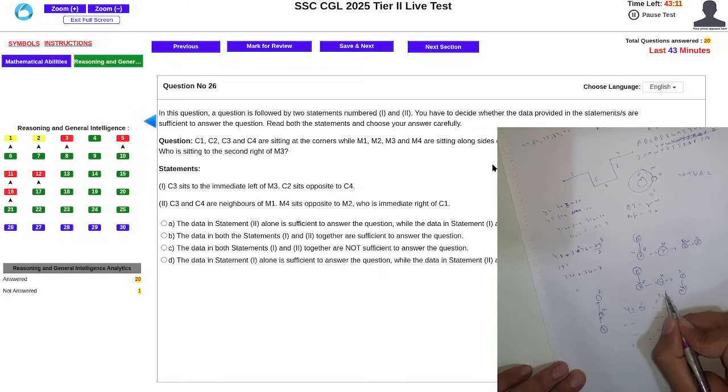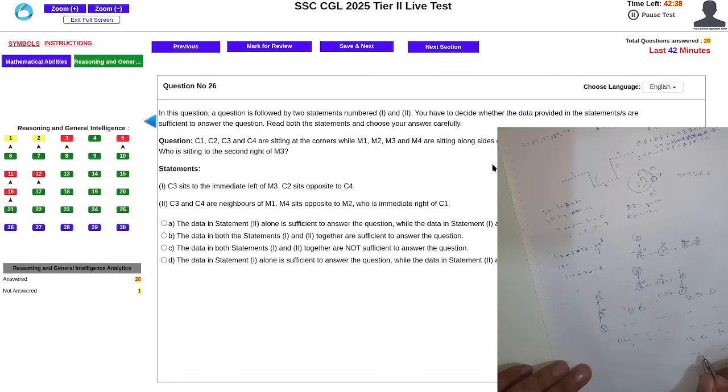C4 who sits on the right of M3. C3 and C4 are neighbors of M1. M1, C3, C4, 6, 7, 8. M4 sits opposite to M2, who is immediate right of C1.